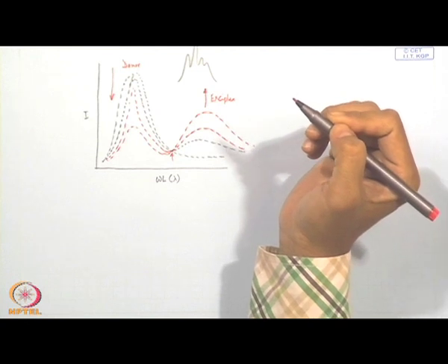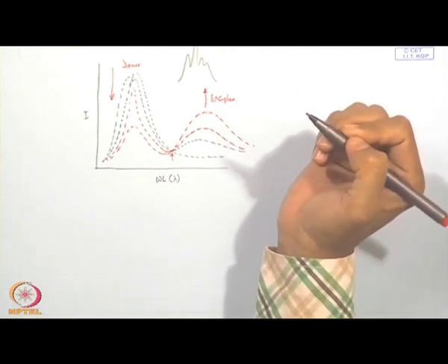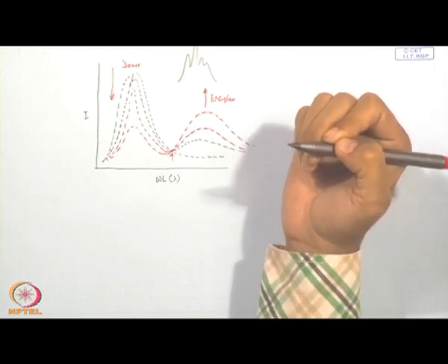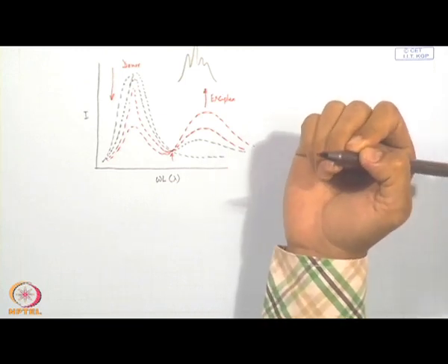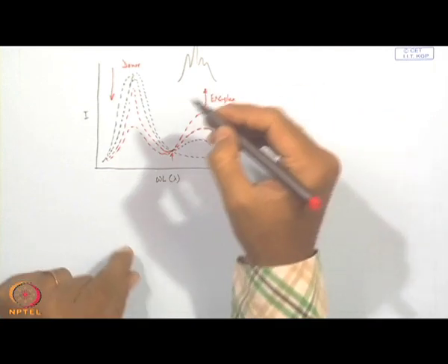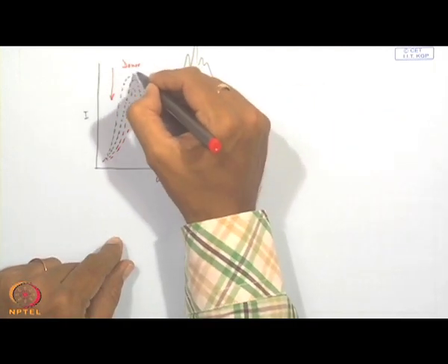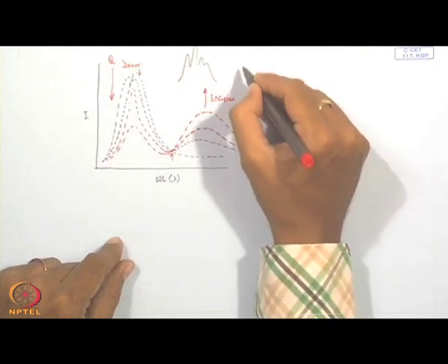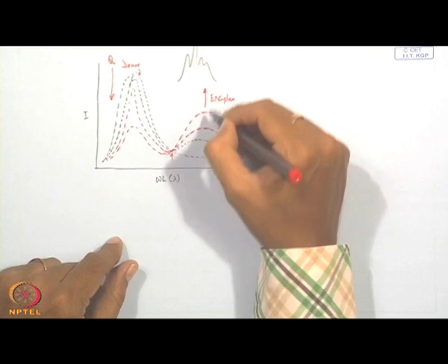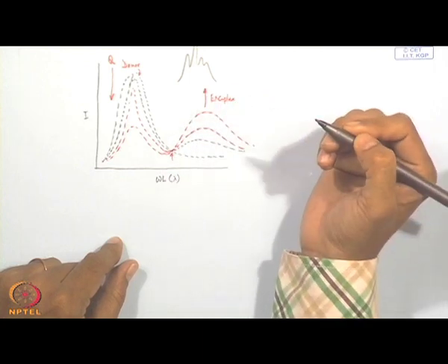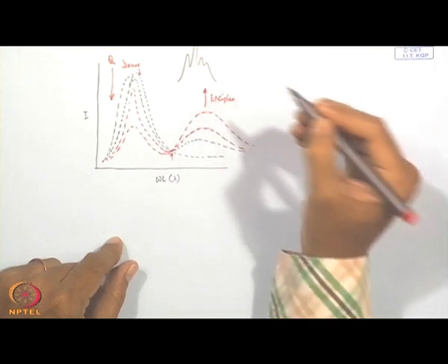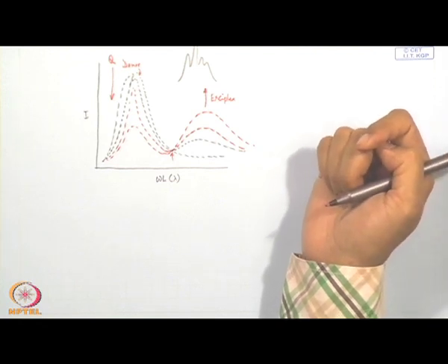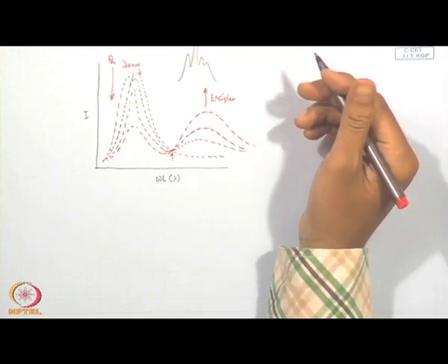Now, you may ask one question: how do you understand why I have used the term exciplex over here, when we are adding, this is your donor emission of course, and this is your quencher increasing, as you increase quencher concentration it increases? You may be wondering why I have started with the term exciplex, why not excimer?